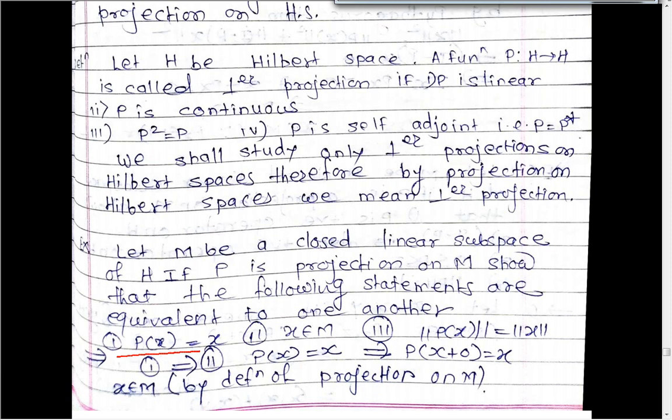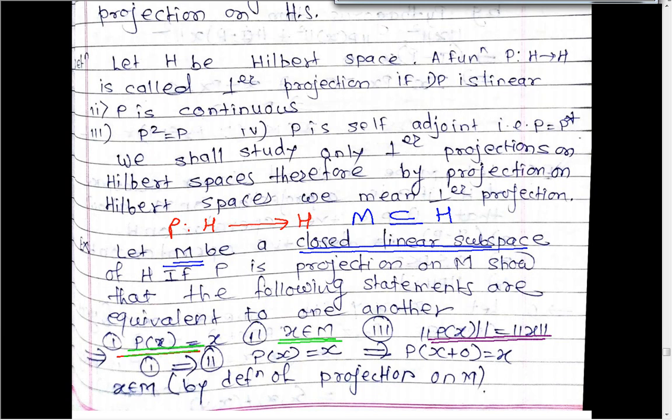P is projection on a closed linear subspace M of H, that is, range of P is M. Then we have to prove that these three statements, Px is equal to x, x belongs to M, and norm of Px is equal to norm of x are equivalent.